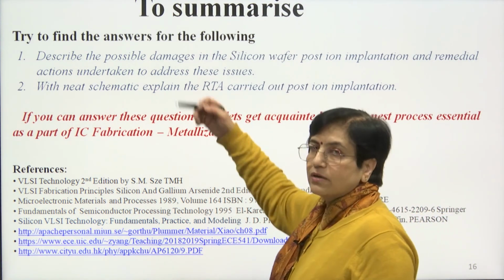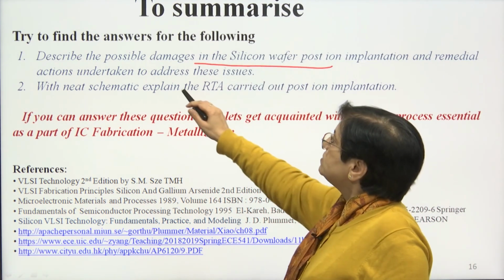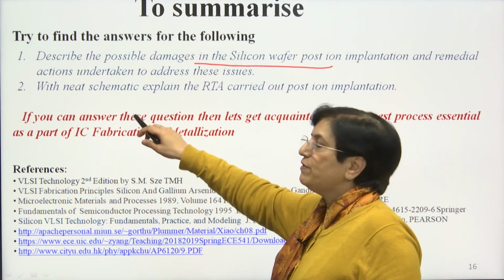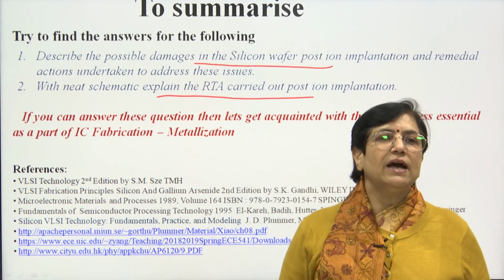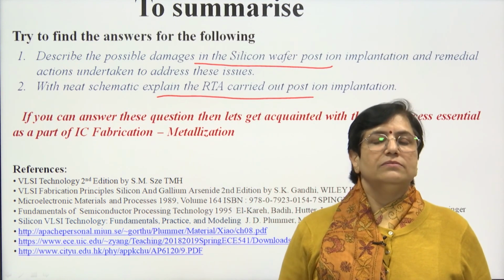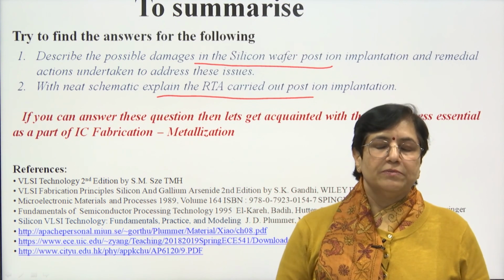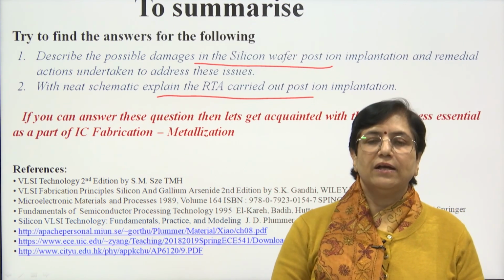If you are thorough with this, what I expect at the end of this lecture is that you should be able to describe all the damages and the effective remedies for them. Then you should be able to explain the RTA system. In the previous lecture you saw dosage control, ion beam energy and other equations.